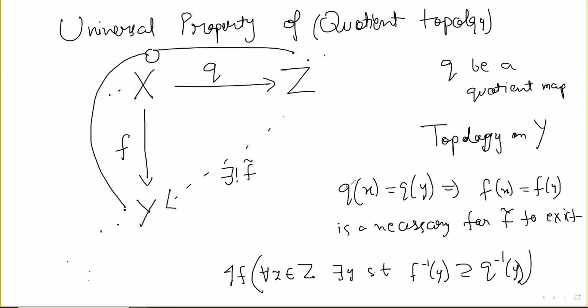Which basically translates to saying that the fibers of Q are contained in fibers of F. So it's a necessary condition. And the key thing here is that it's also sufficient. So if this condition is satisfied, then f tilde exists.